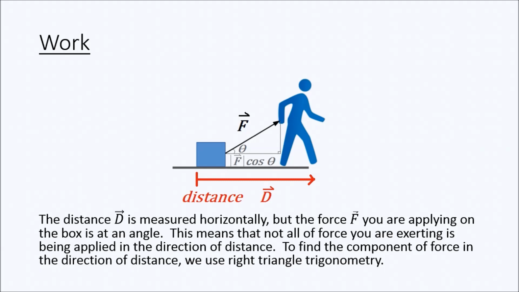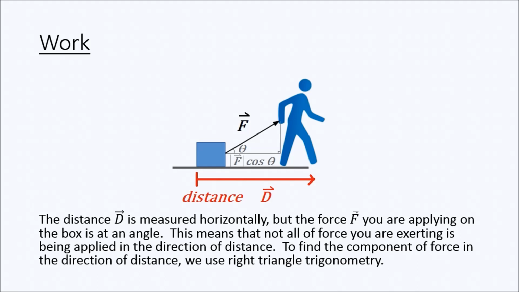So if we draw our right triangle on there, hopefully we can see without too much difficulty that if I pick my angle theta there to be the angle between my force and my distance, then clearly the adjacent side is going to be the component that I want. And a tiny bit of right triangle trig, right?